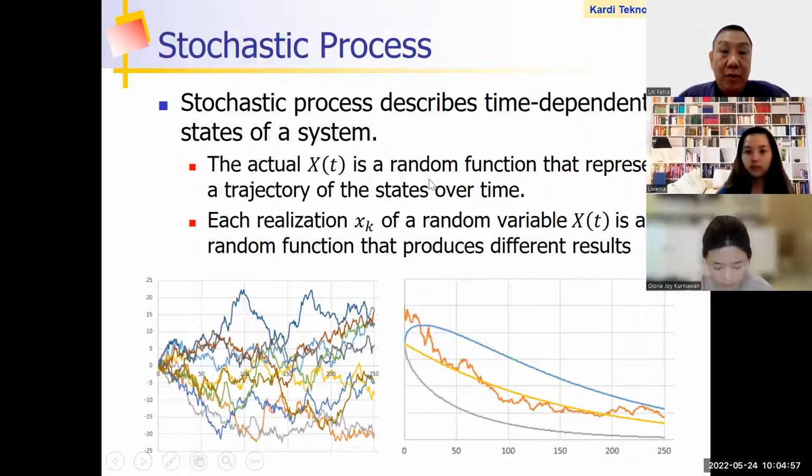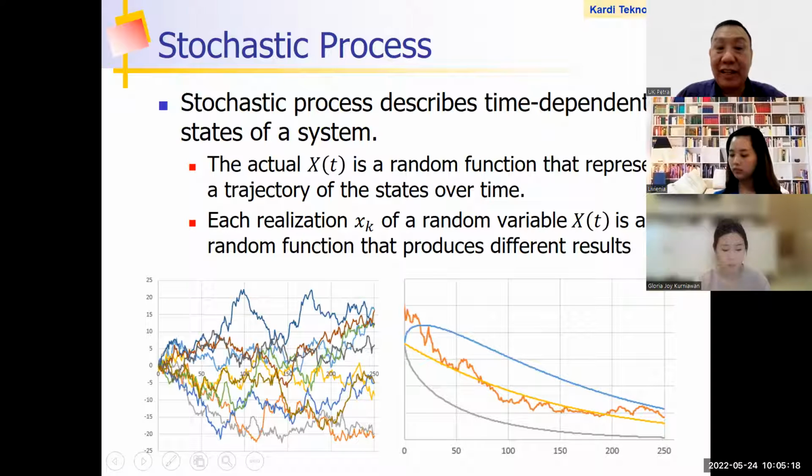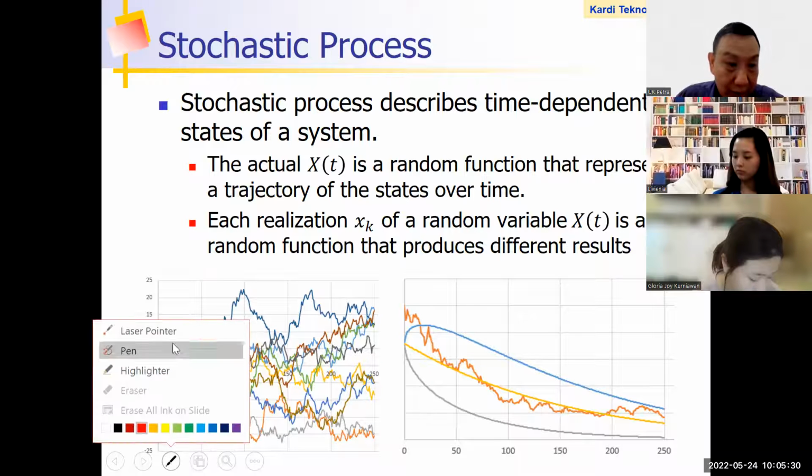So now, stochastic process describes the time dependent of state in the system. So this is an example of random walk. Okay, and the actual x as a random function, yeah, that represents the trajectory of the states over time. Now, when we said realization of random variable, okay, the realization is small, like this.